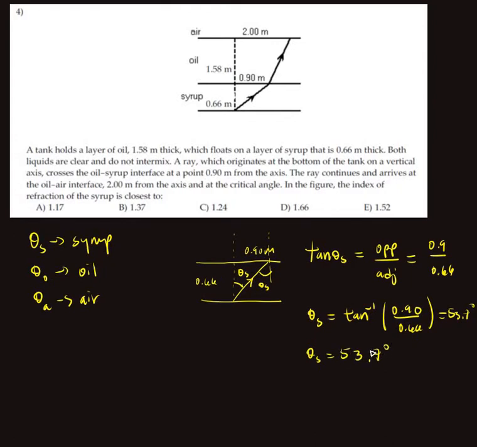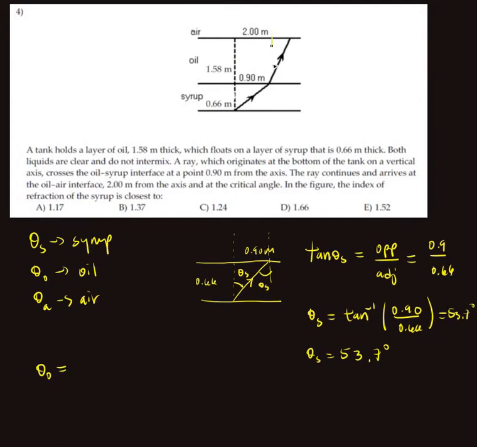Okay, good. Now what about the angle for oil? Because we need all of these in order to then use Snell's law. Well, if we go to this position here, we have the height again, which is going to be 1.58. You see this thing?